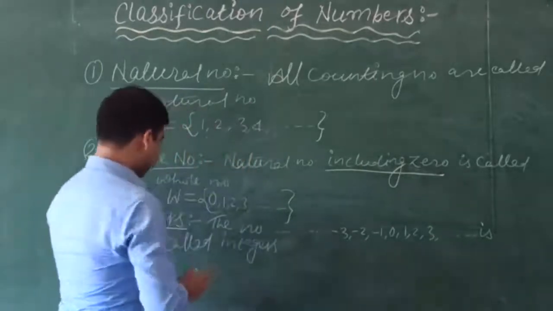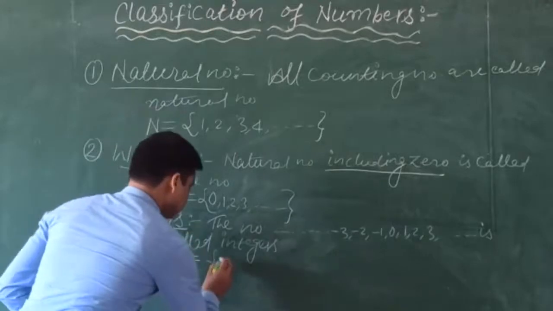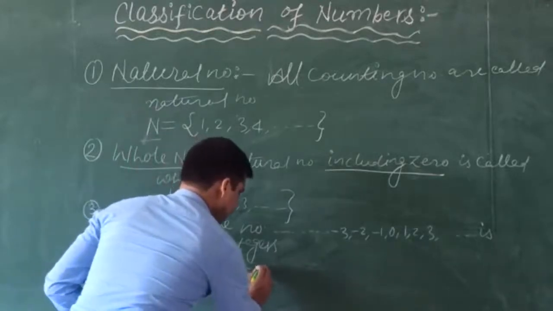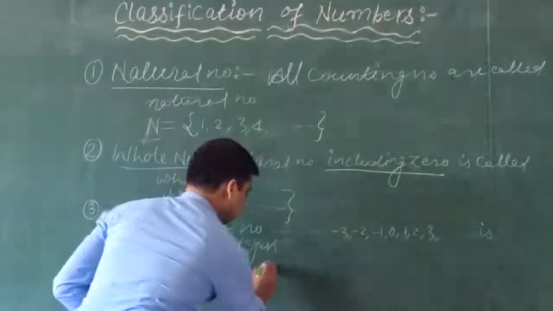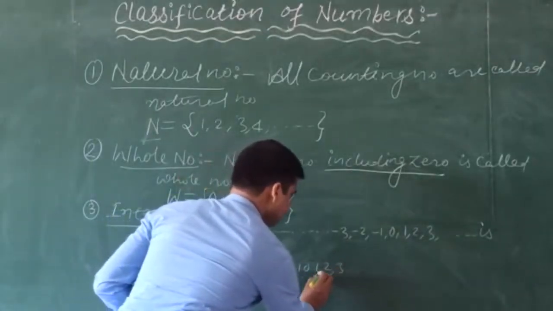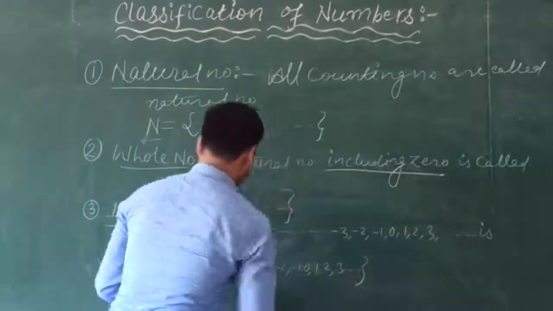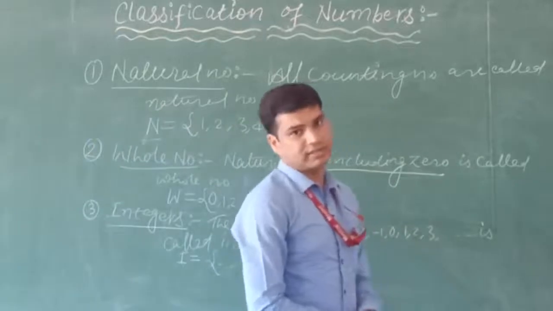It is denoted by capital I. Okay, so numbers will be like this, plus minus 3, plus minus 2, plus minus 1 or 0 in this way. So minus 3, minus 2, minus 1, 0, 1, 2, 3, and so on. This is called integers, or you can say in a simple word, a number which is not a fraction, that is called integers.